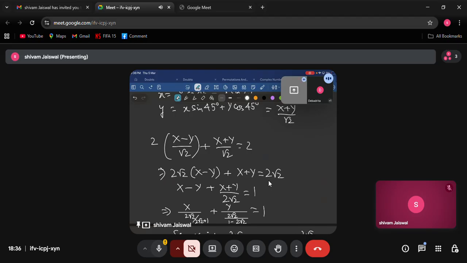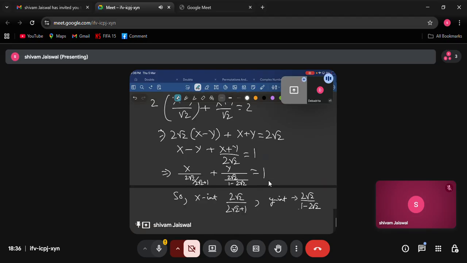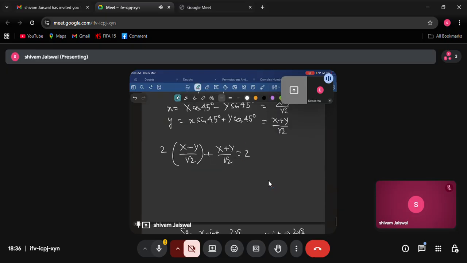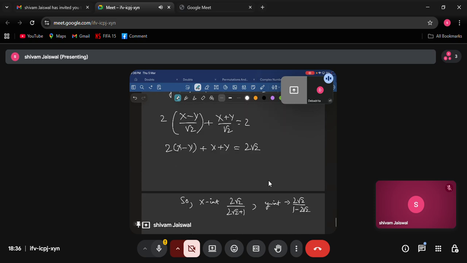Over here I have made a mistake in the previous part. Everyone pay attention. When I multiplied by root 2, over here I have made one mistake. When you multiply by root 2, you get 2 into (X minus Y) plus (X plus Y) is equal to 2 root 2. It will be very clean. See, only root 2 will get cancelled from the denominator.